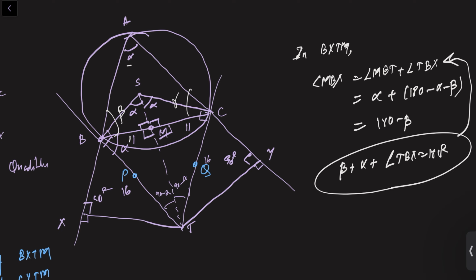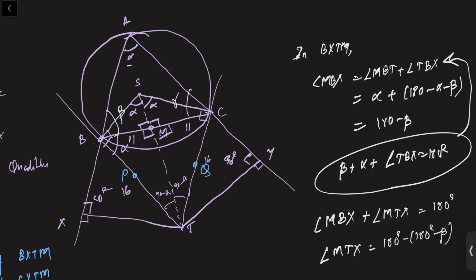And now, since it's a cyclic quadrilateral, angle MBX plus angle MTX, the sum of opposite angles in this quadrilateral, should be 180 degrees. So angle MTX is nothing but 180 degrees minus (180 degrees minus beta), which is beta.